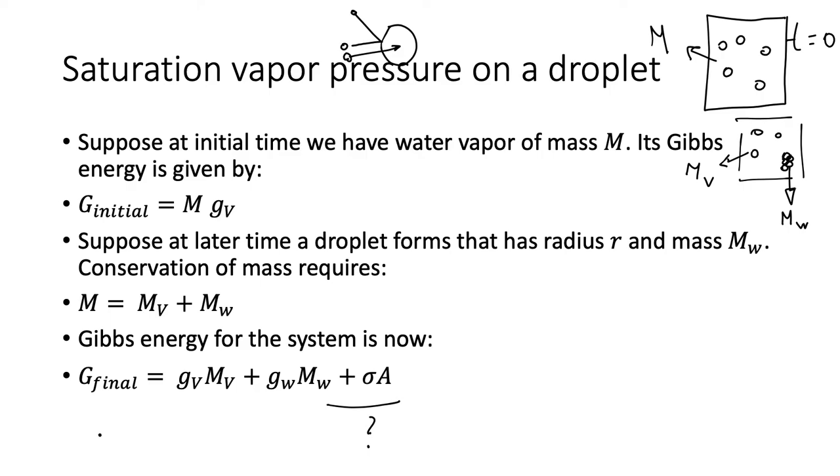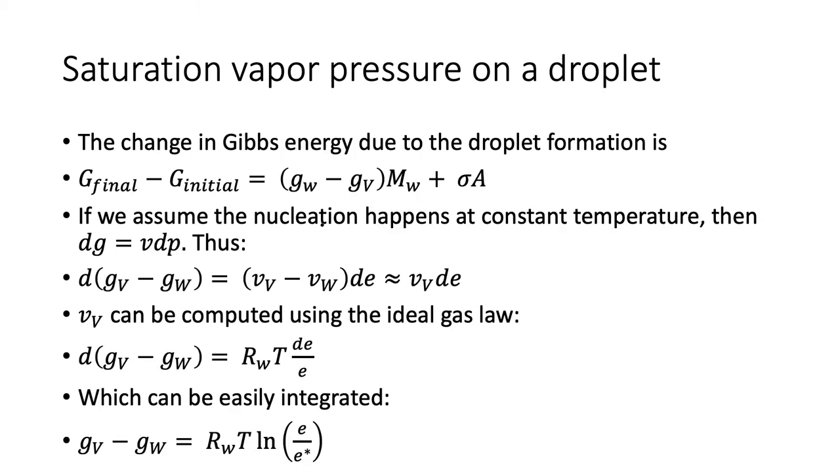and the difference would be GV MV minus M, but MV minus M is minus MW. So this is minus GV MW by mass conservation, and so you put these two together, and let's go to the next slide, and you have the difference between the two specific Gibbs energy.